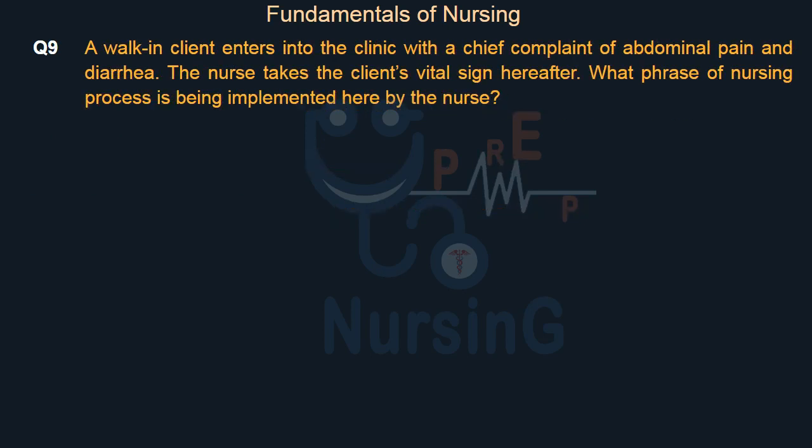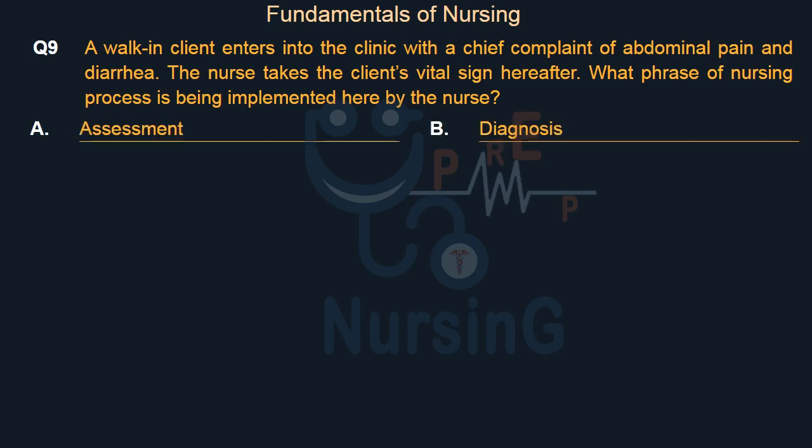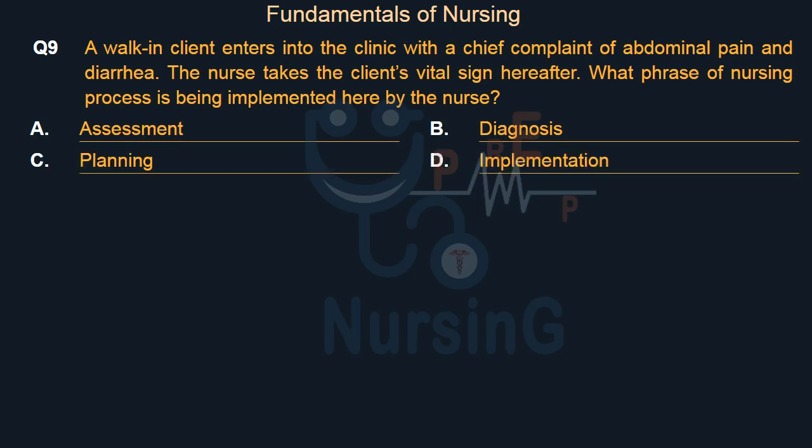A walk-in client enters into the clinic with a chief complaint of abdominal pain and diarrhea. The nurse takes the client's vital signs thereafter. What phase of nursing process is being implemented here by the nurse? Option A. Assessment. Option B. Diagnosis. Option C. Planning. Option D. Implementation.